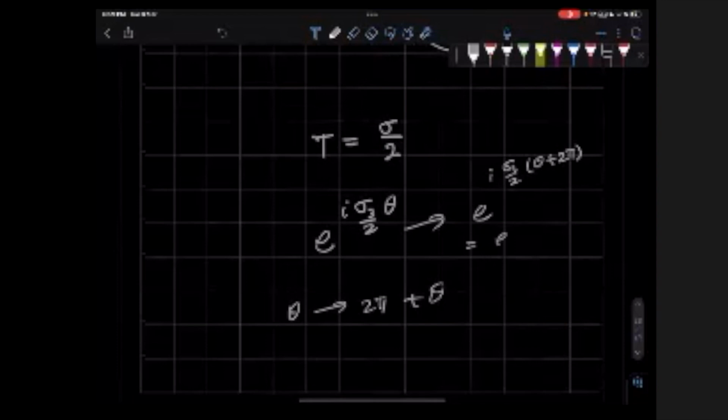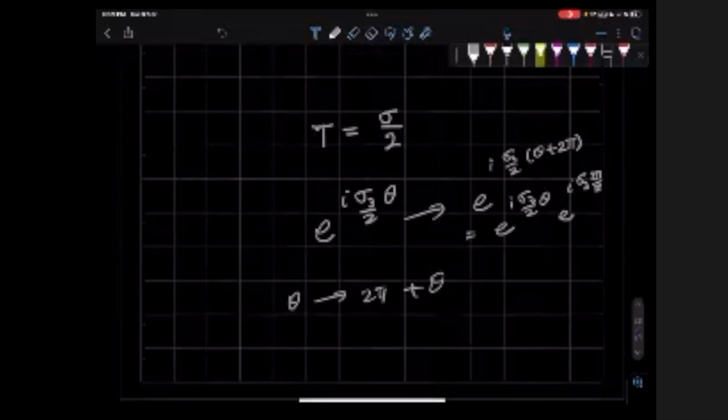But this is e to the power i sigma 3 by 2 theta times e to the power i sigma 3 times 2 pi by 2. Okay, so if you look at this, this is actually minus 1.